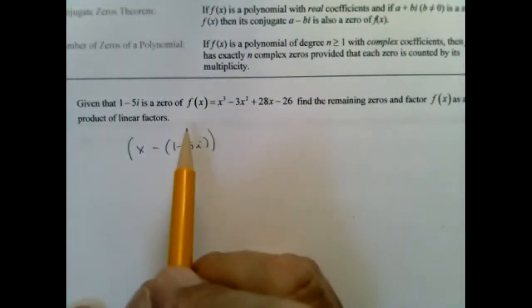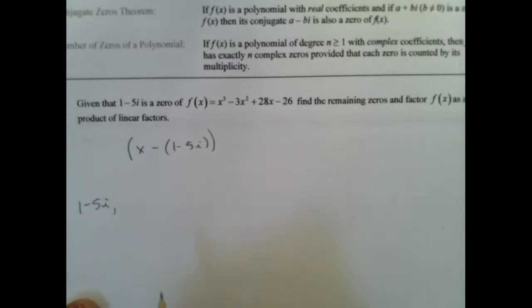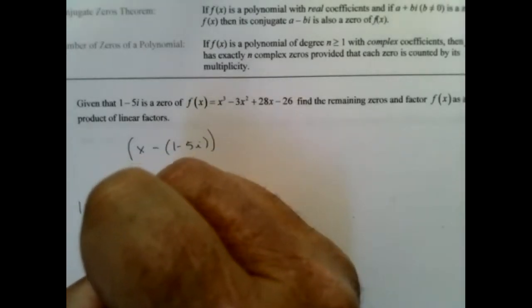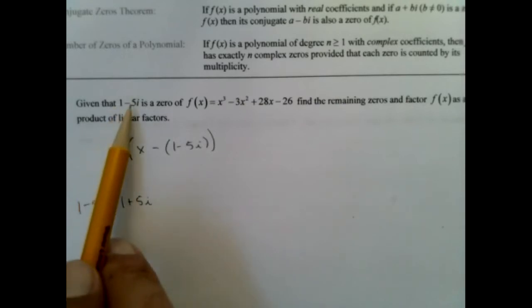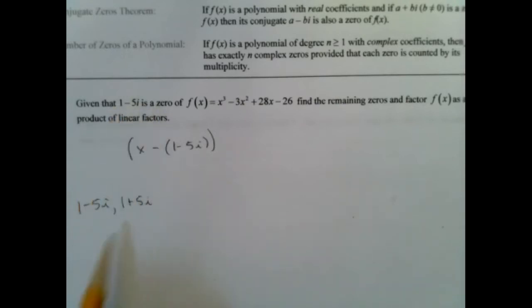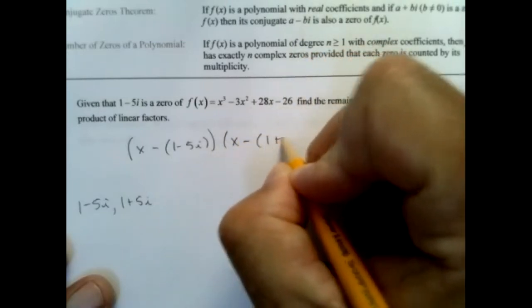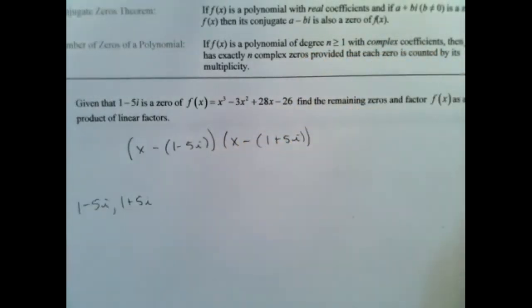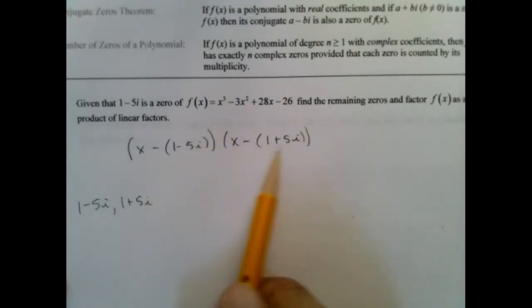So it's like the Sith. If there's 1 minus 5i, there's always another. And its conjugate would be 1 plus 5i. So if 1 minus 5i is a zero, then 1 plus 5i has to be a zero. So x minus 1 plus 5i is a factor. I don't know what the third one is, but I know what these two are right away.